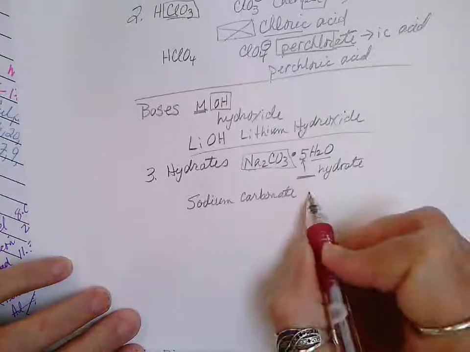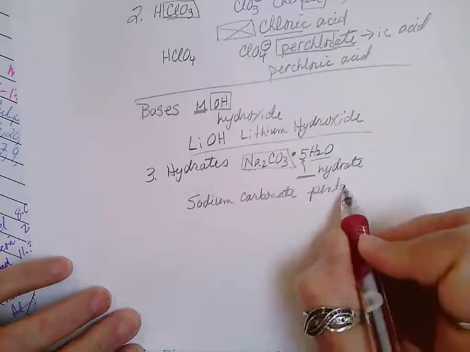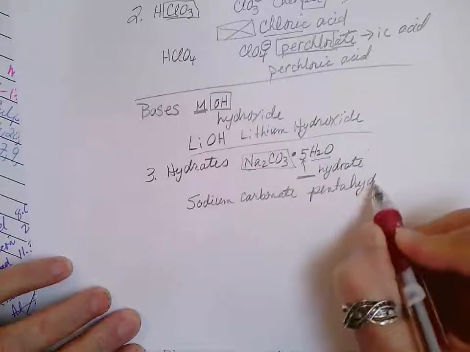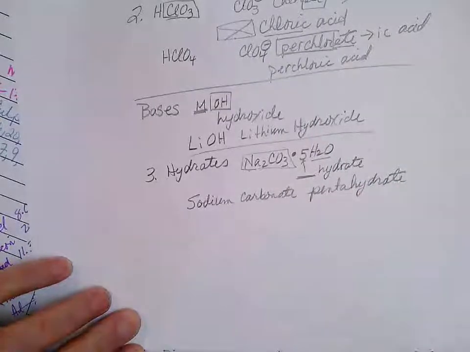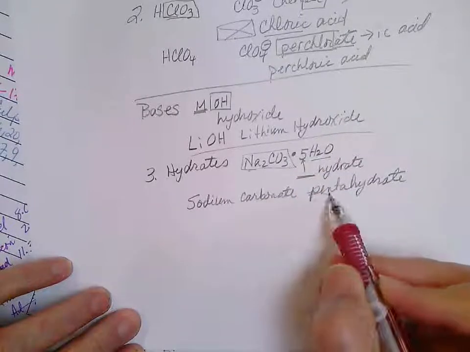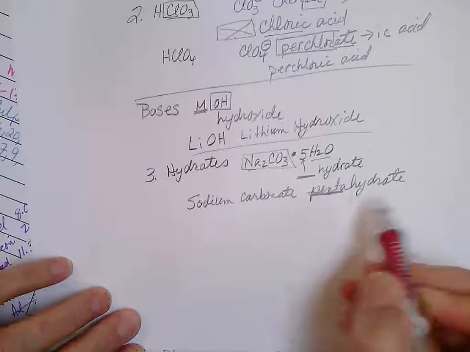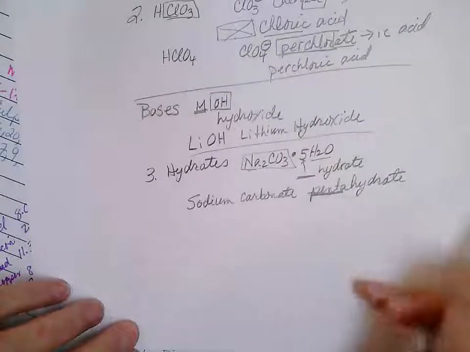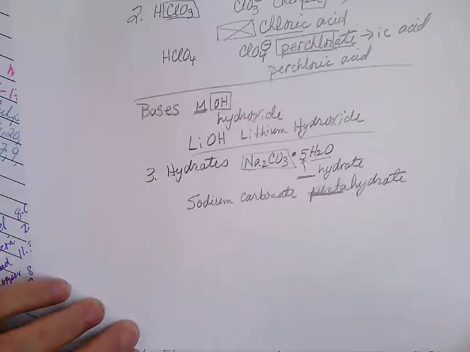And then in this case, it would be pentahydrate, all one word. And so it doesn't matter what that number is. You just use the prefixes from when we name nonmetals and add the word hydrate. I think these are pretty easy to name as well.